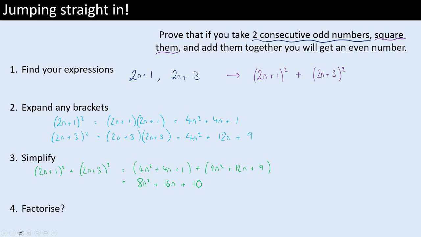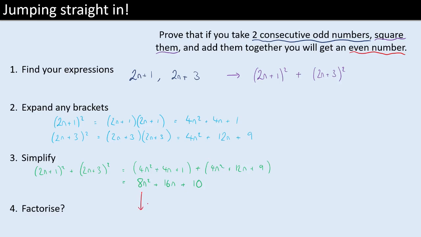Now, here comes our last stage. We want to prove that we get an even number. And for us to have an even number, we need to show that it has a factor of 2. Okay, that we can take a factor of 2 out of everything.